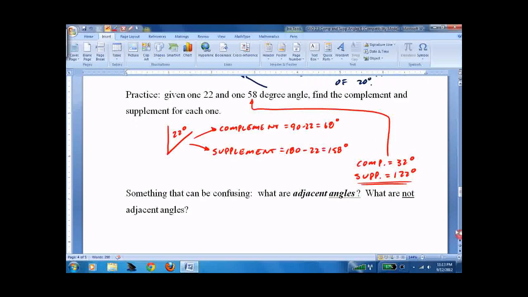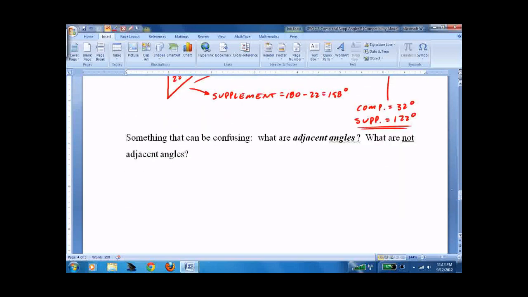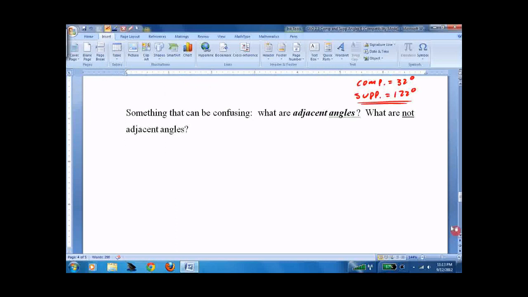So here's something that can be confusing. It's not that hard if you look at the picture. A lot of people get confused by it. Angle 1 and angle 2 are adjacent. Now that doesn't mean they add up to something.